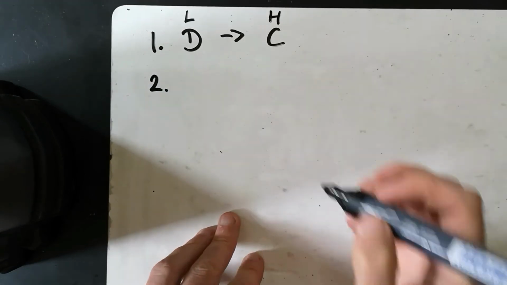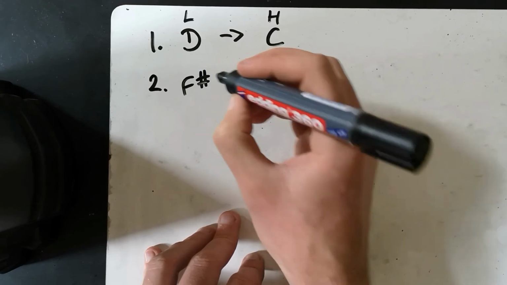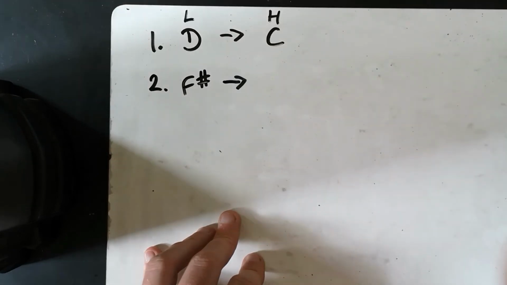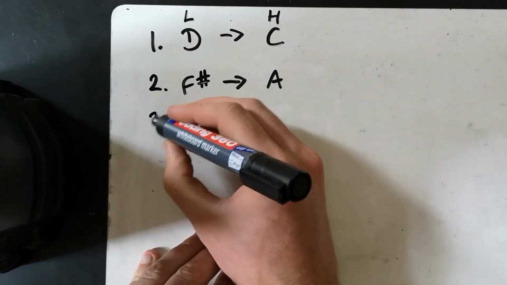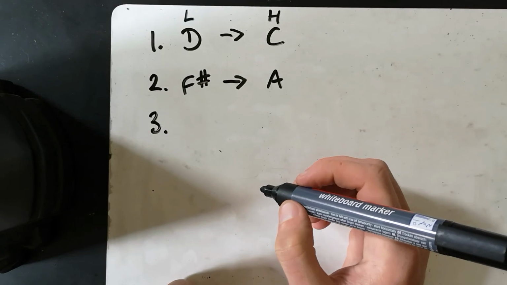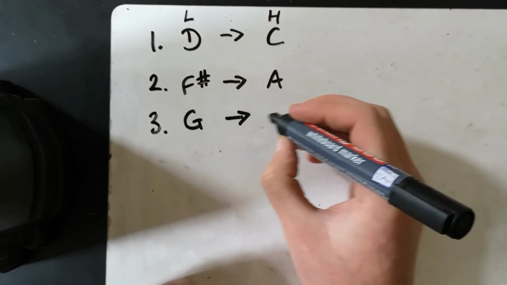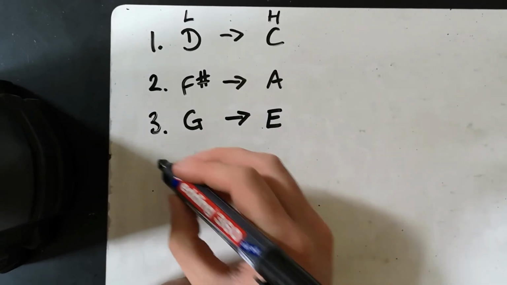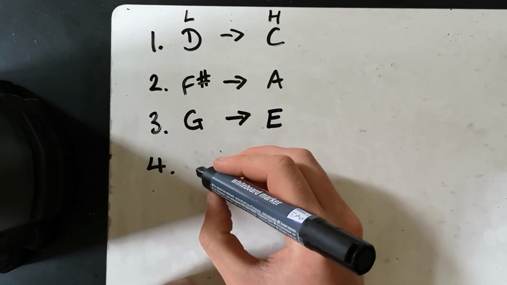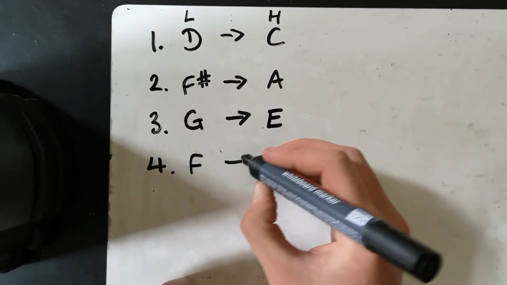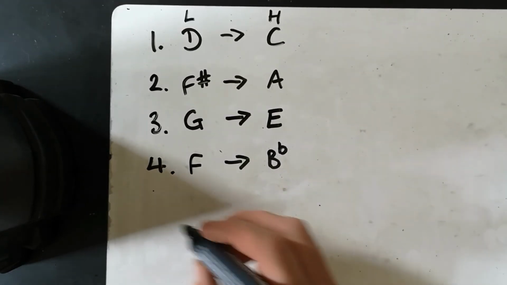Second example, let's do F sharp to A. Let's do G to E. Let's do F to B flat.